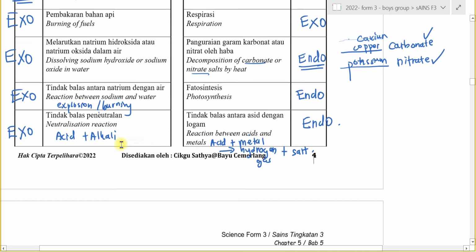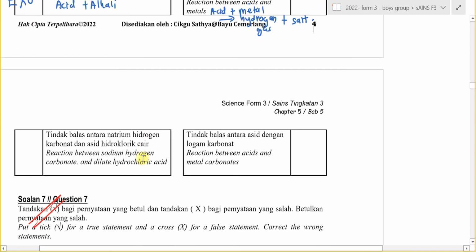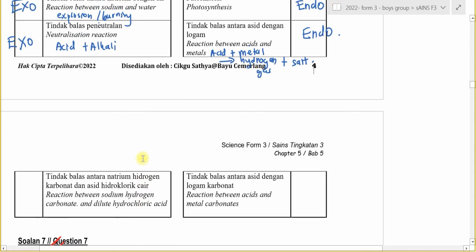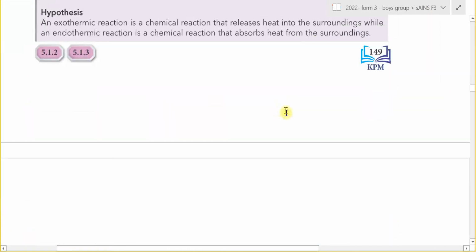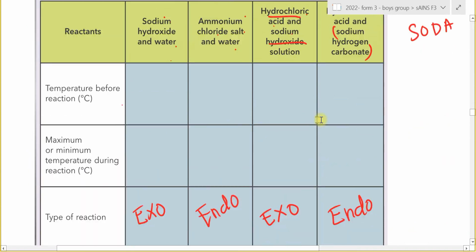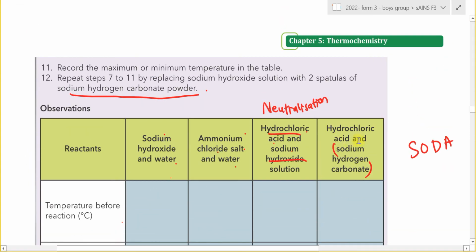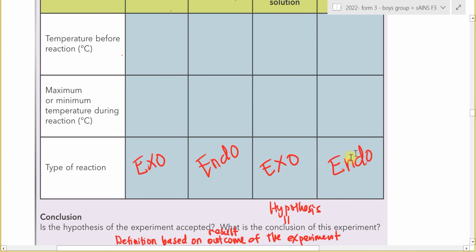Okay, next, another two more. Reaction between sodium hydrogen carbonate and dilute hydrochloric acid. Exo, sir. Endo, just now in the textbook we discussed: hydrochloric acid and sodium hydrogen carbonate is endothermic.